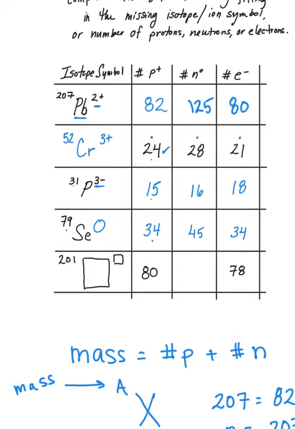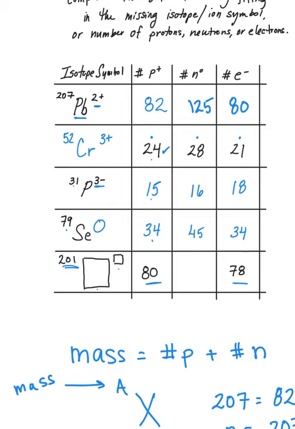Lastly, we're given information about number of protons, number of electrons, and a mass number without an element symbol or a charge. We need to determine information to fill in the blanks here and here, and we need to deduce the number of neutrons in this substance. Once again, start with the easiest thing. The number of protons identifies an element.